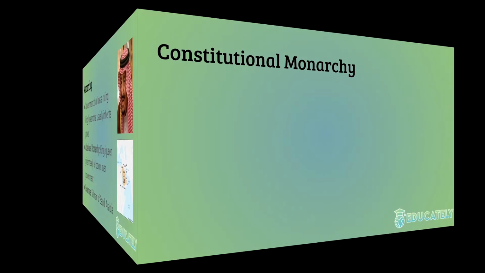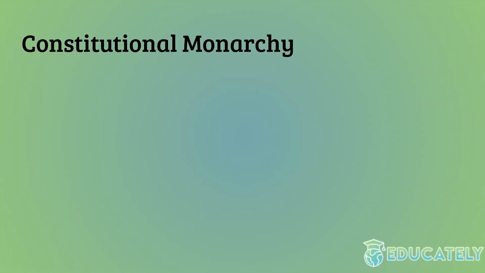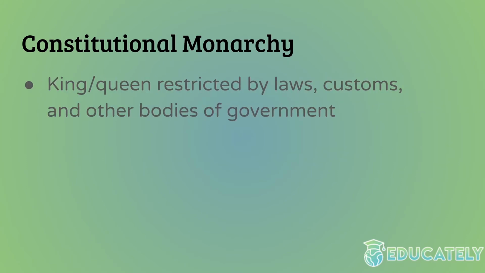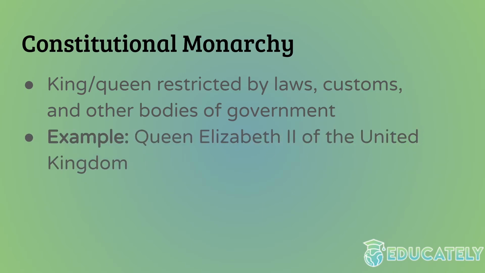The other type of monarchy is constitutional monarchy. This is usually where the king or queen is restricted by laws, customs, or other bodies of government, so they're not necessarily the ones making the big decisions. Usually they have more of a ceremonial or traditional role. Historically, they might have been powerful, but they lost their power over time.